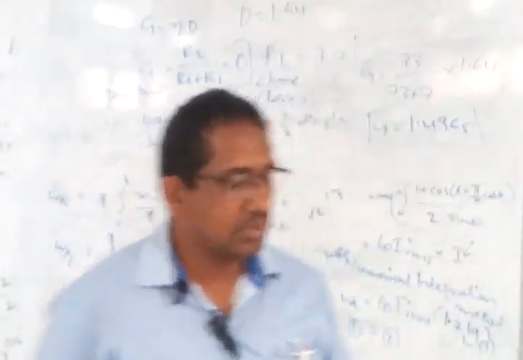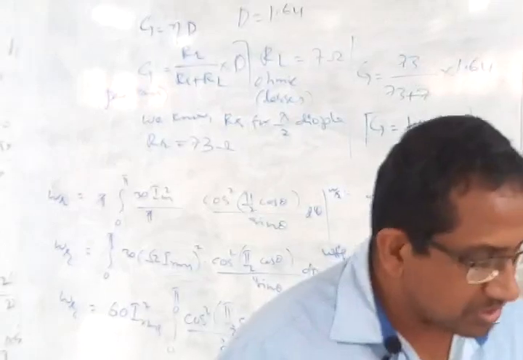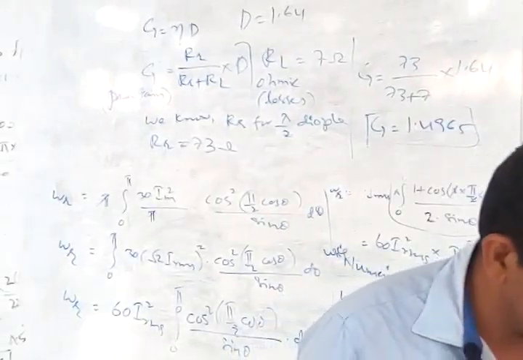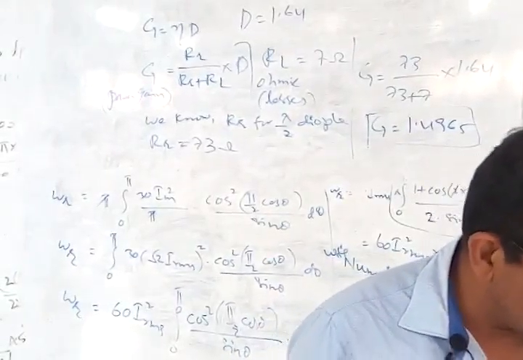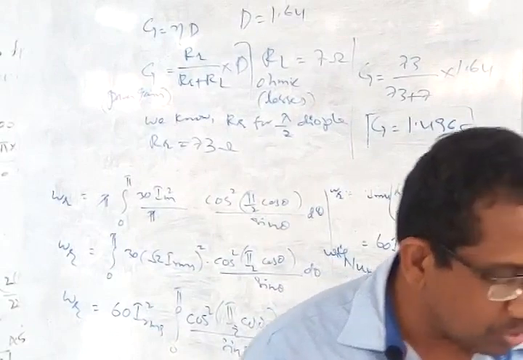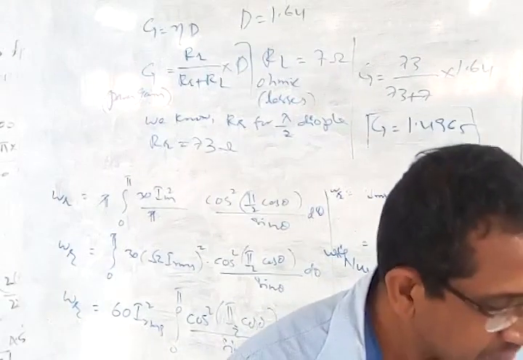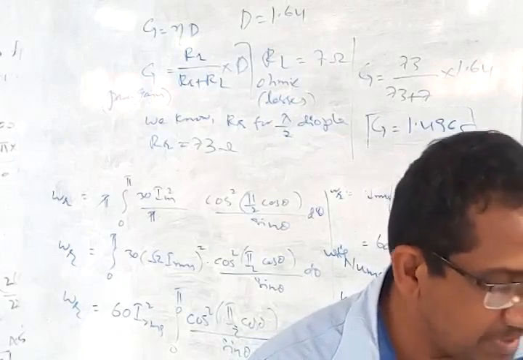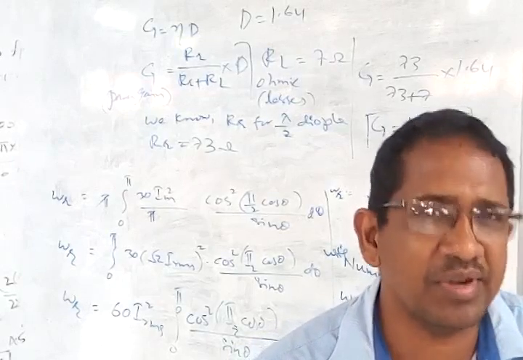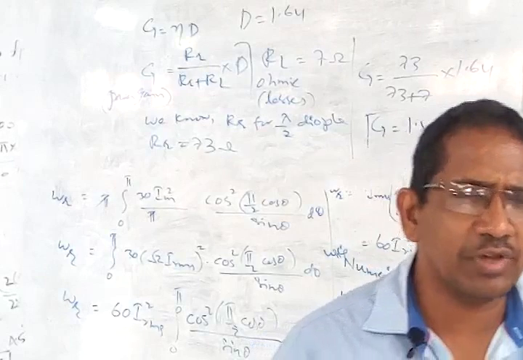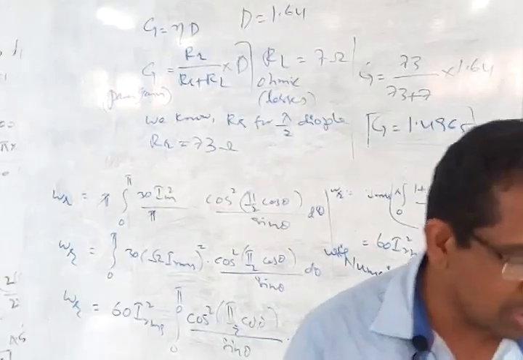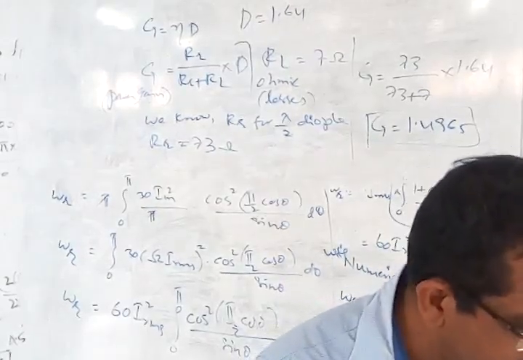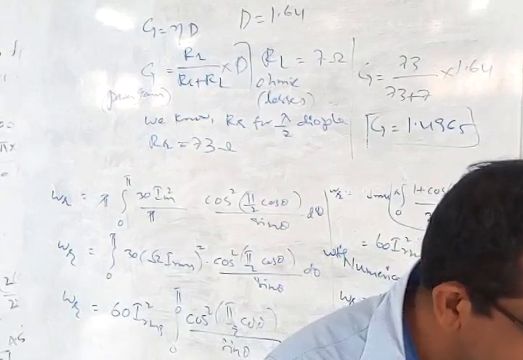Now if the power density due to the point source in free space at a distance of 25 kilometers is 100 microwatts per meter square. So what is given here?